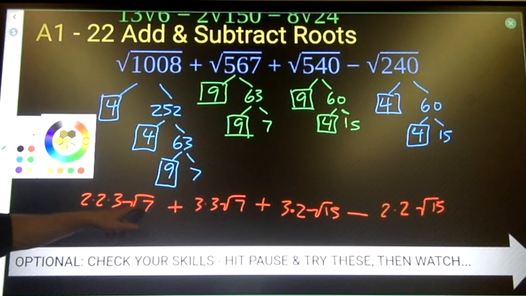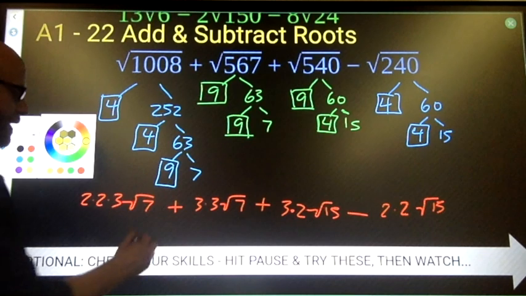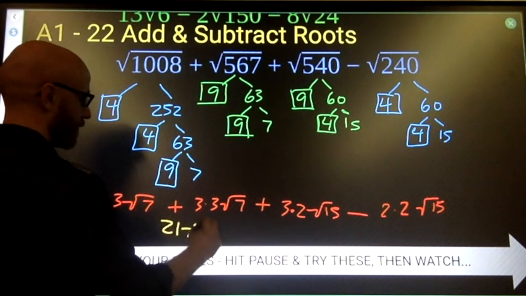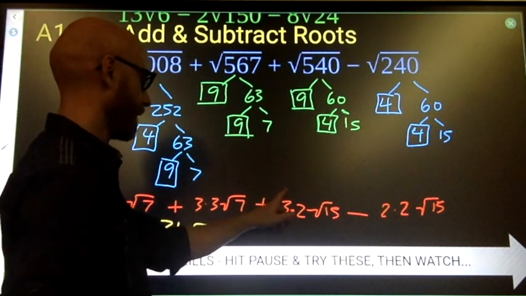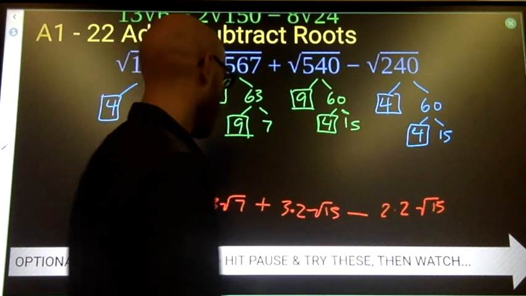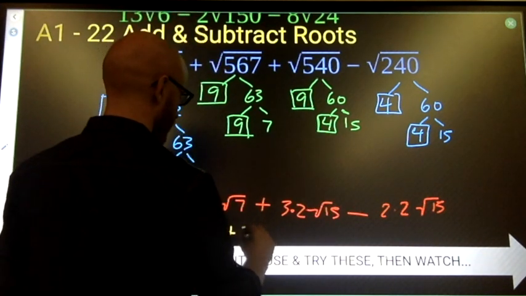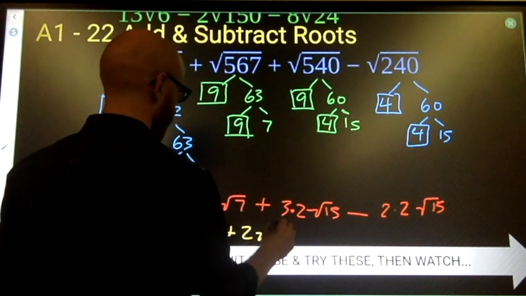That's 12 root 7 plus 9 root 7, 21 root 7. 6 root 15 minus 4 root 15 plus 2 root 15.